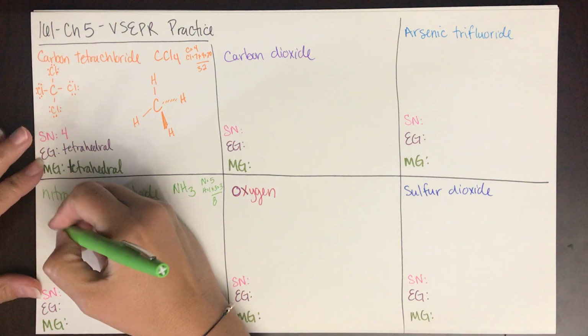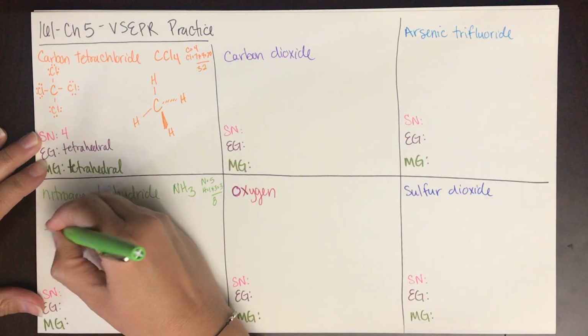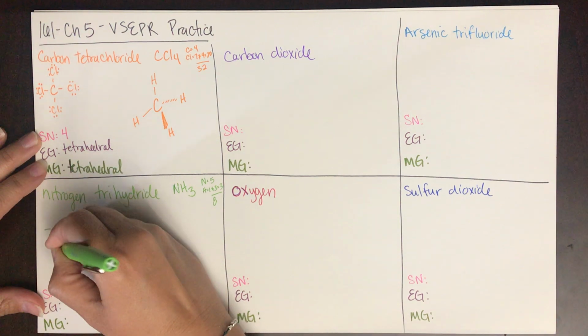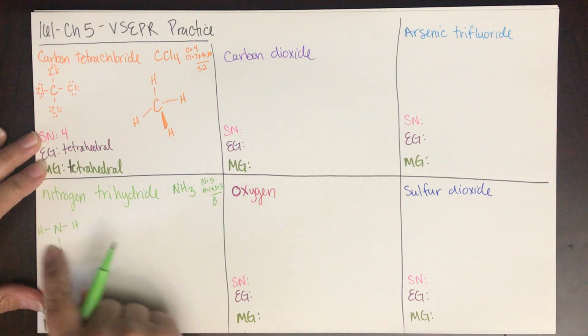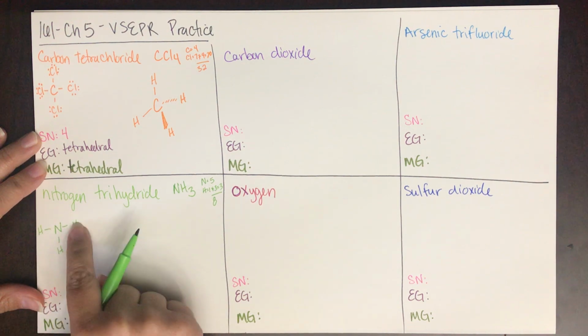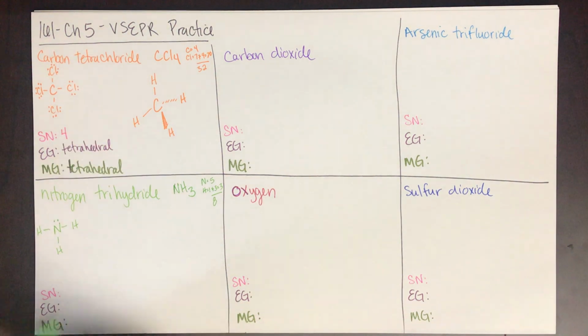So when I drew this, I said nitrogen is in the middle because it has the highest bonding capacity. I'm going to put the 3 hydrogens around it. I've used 2, 4, 6 electrons for those bonds. Hydrogens all have full outer shells, so I'm going to come back and put those 2 more electrons on the central atom. Now this is the correct Lewis structure.